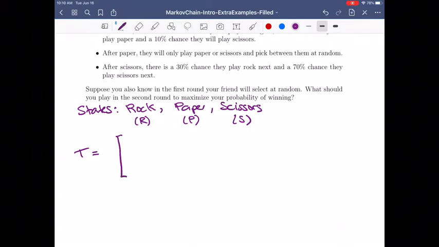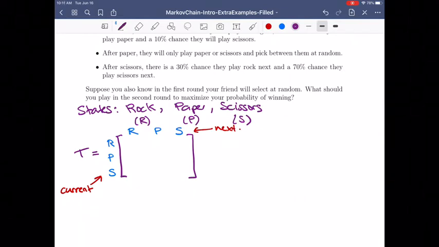So it's going to be a 3 by 3 matrix. I'm going to label the states in that order, otherwise I might get confused because I always say them in that order. So remember that these are the current state and these are the next state. So when we enter the probabilities, it's going from the row state to the column state.